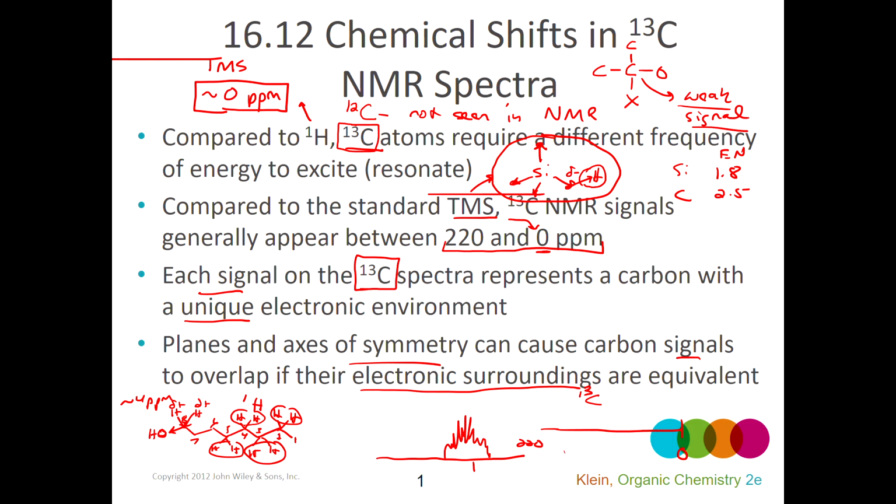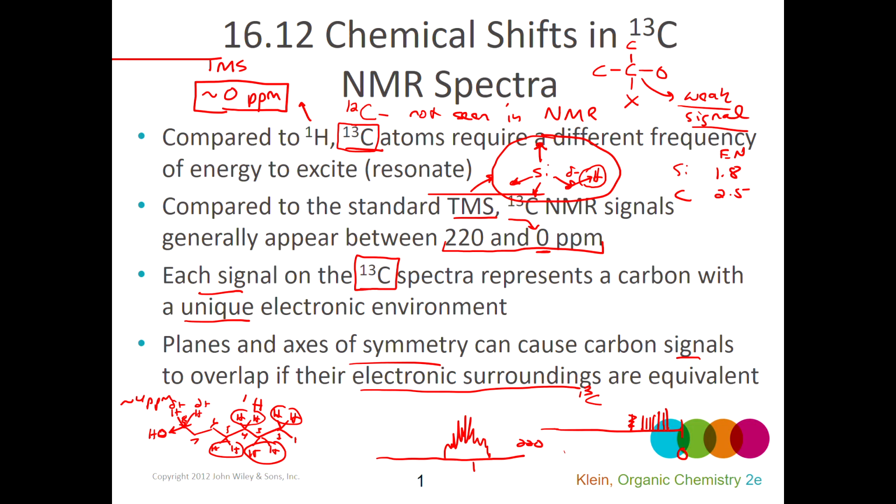But if I have 8 carbons that are all even slightly different, because they're all slightly different distance from the oxygen, I might see some of them pretty close together, but I should see 8 total signals. And most of these, the first 7, would be quite close together because the first 7 carbons here that are not very close to the oxygen aren't really affected much by it.